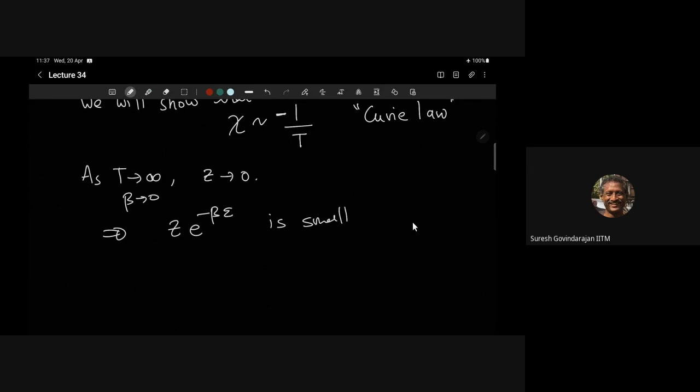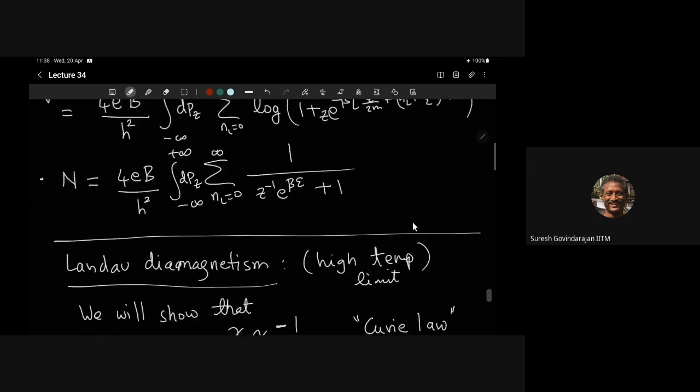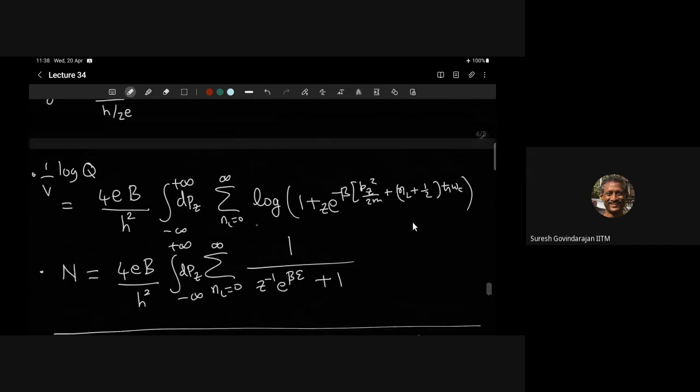Then log of 1 plus x is equal to x plus order x square. We're interested only in small things. It just says that you replace this whole log by just this term.